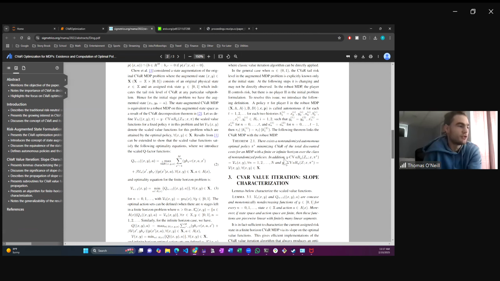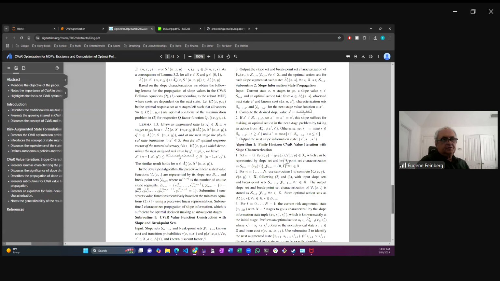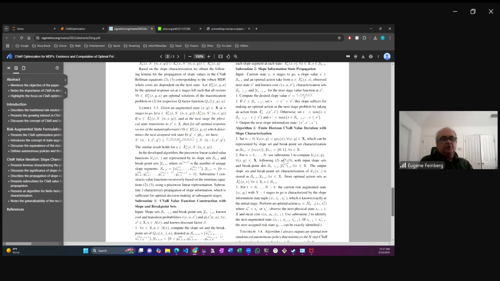Oh, so I'm supposed to do something before following? Yes. Algorithm? Because I thought this was how you get the value function. No. It is how, by knowing the value function, you find optimal actions. This is the second algorithm that is needed to implement the actual algorithm.